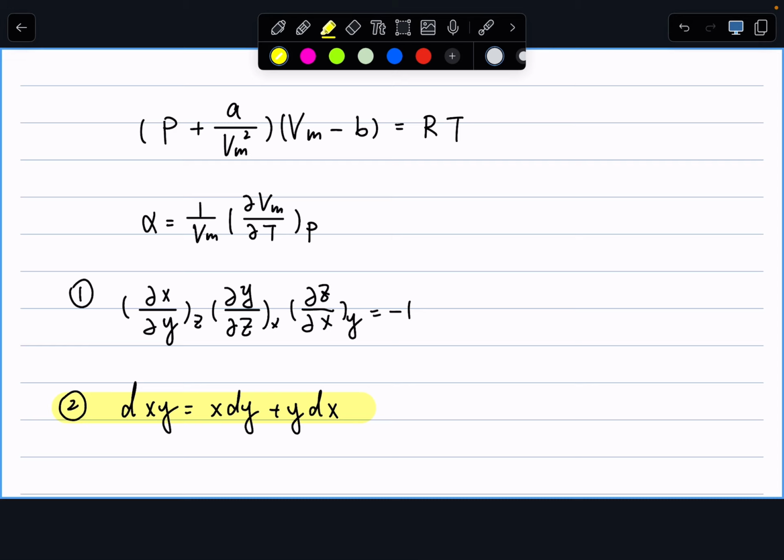So some of them cancel out, R cancels out, so the dimensionality of my alpha, even if it's way more complicated than our ideal gas law, is still 1 over T, or the unit is K to the minus 1.